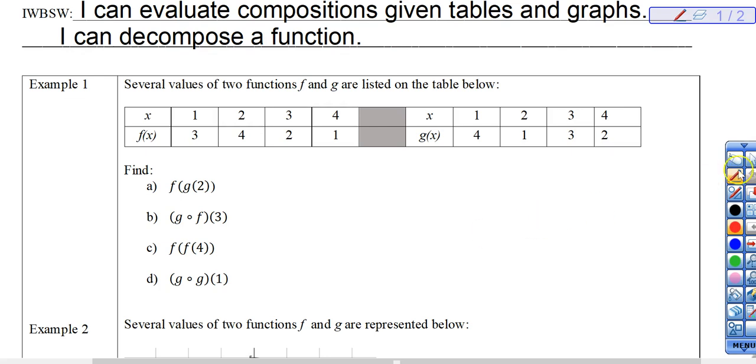When we're working with composite functions, that means we're inputting one function into another function. That's what it means when we're composing. So composing, just as a reminder, means plugging one function into another.